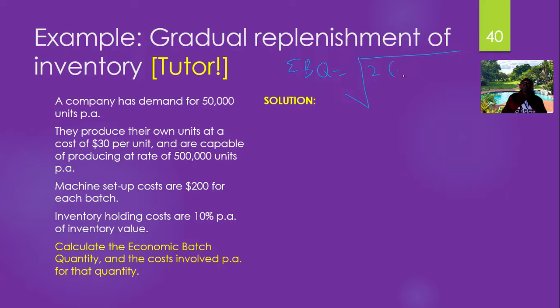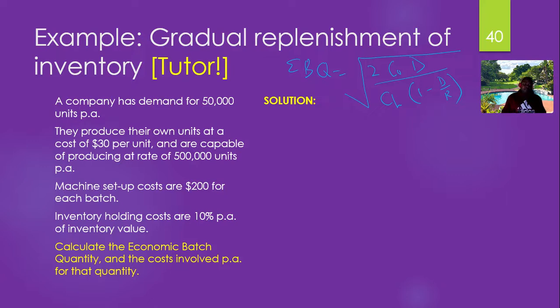This is 2CODover CH times 1 minus D over R. That's the formula, ladies and gentlemen. But what is important is to be able to determine the variables from the scenario which you have been given, and slot those variables into the formula.